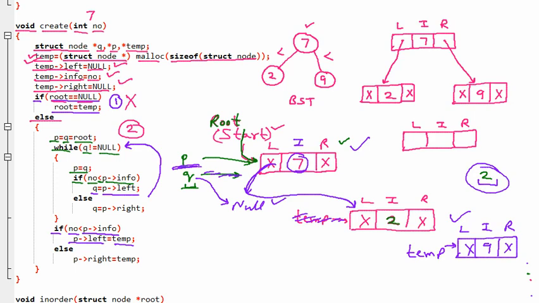In that case, we will work with this particular part, the else part, and Q is equal to P right. So Q will shift to this part because null is there, and Q will be pointing to this null now.